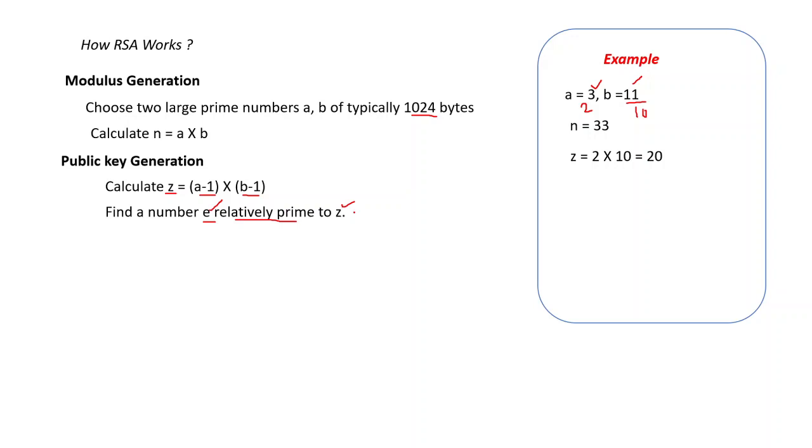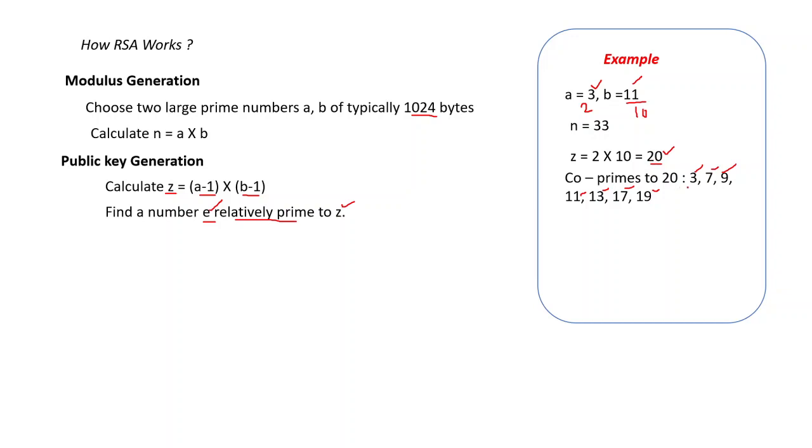If we consider this 20 and all the numbers lesser than 20 which are relatively prime to it, we get a list like this: 3, 7, 9, 11, 13, 17 and 19. We don't have any common factor between any of them and 20 other than 1.